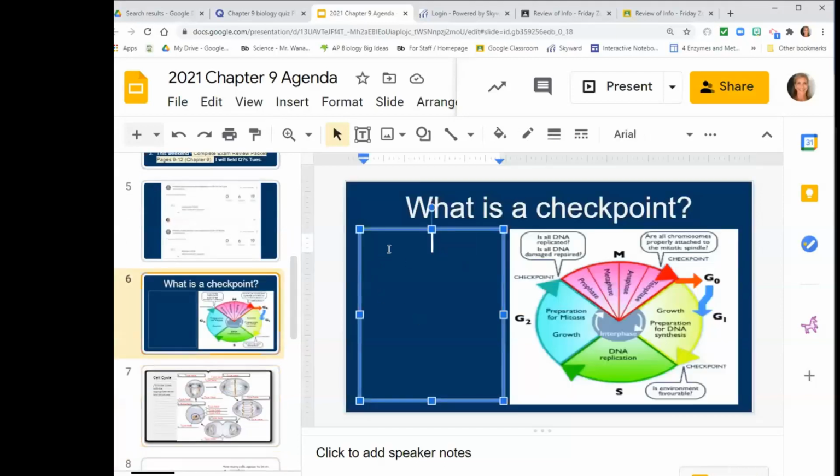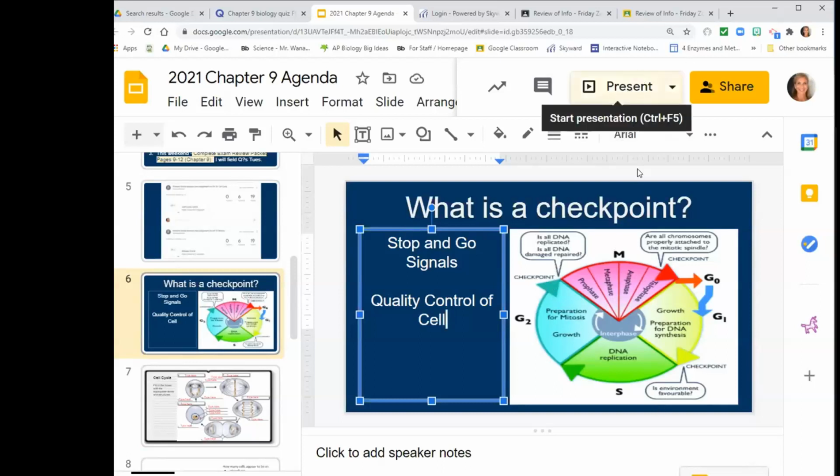So basically, checkpoints are stop and go signals. I think of this as the quality control of our cell. So you can see there are 3 checkpoints during the cell cycle.